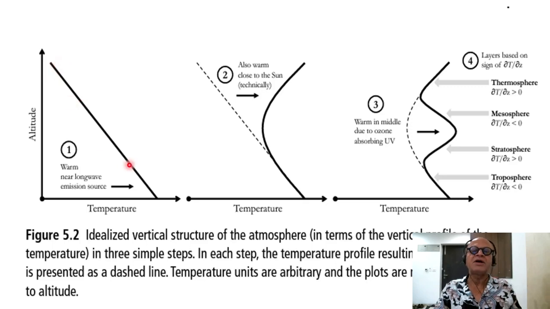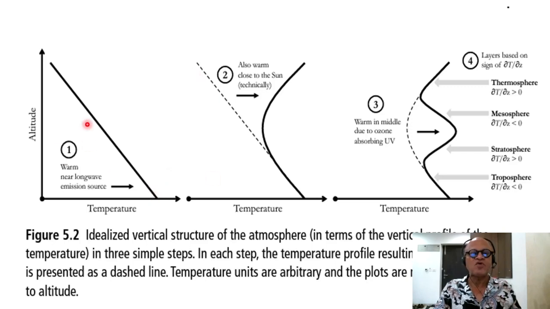And the main important effect of a greenhouse atmosphere is that the surface temperature is much warmer than it would otherwise be if there was no atmosphere and the surface was directly emitting longwave to space, as we saw before.